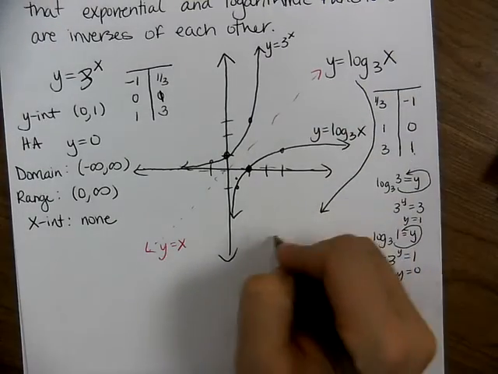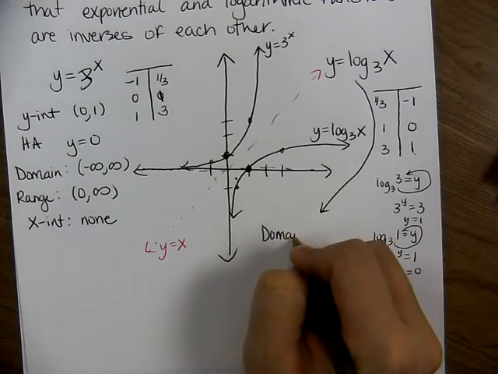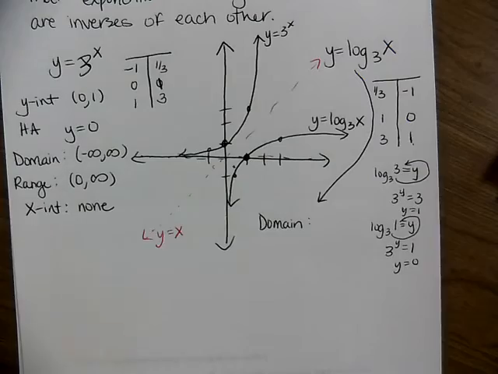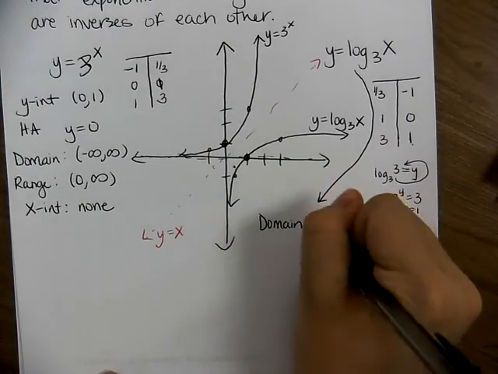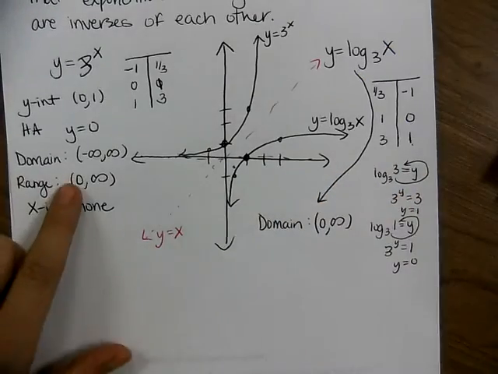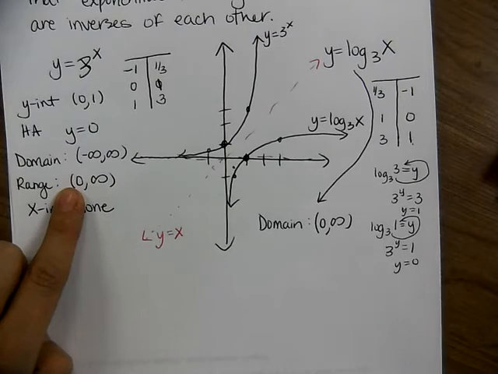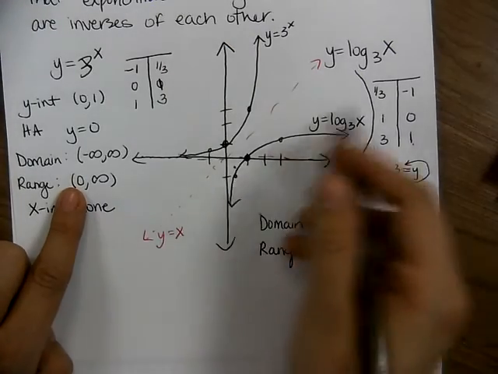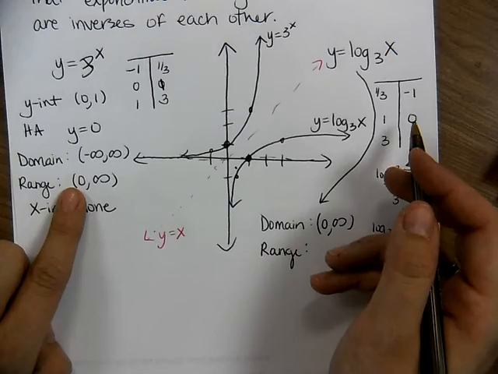Let's talk domain and range. So these are all the properties here. So what is the domain now of log? 0 to infinity. Well, doesn't that have to be true because the range of the exponential function, which is its inverse, was 0 to infinity, and those have to interchange. And what do you notice about the range? Isn't it negative infinity to infinity?